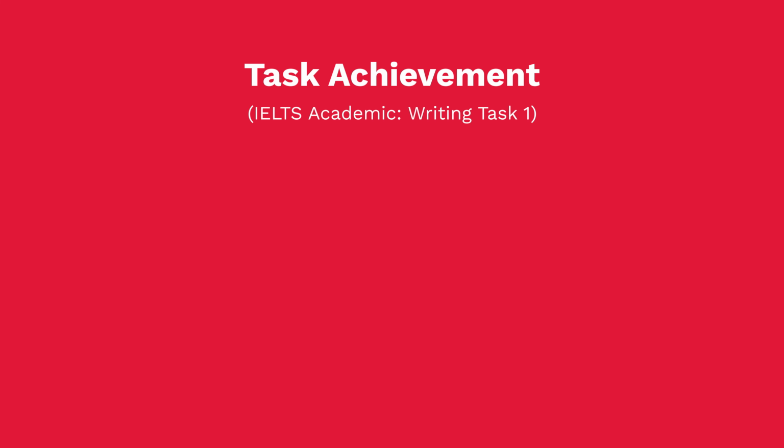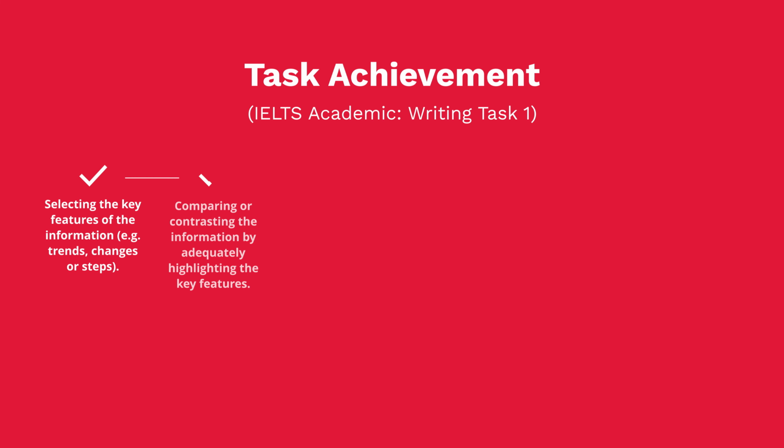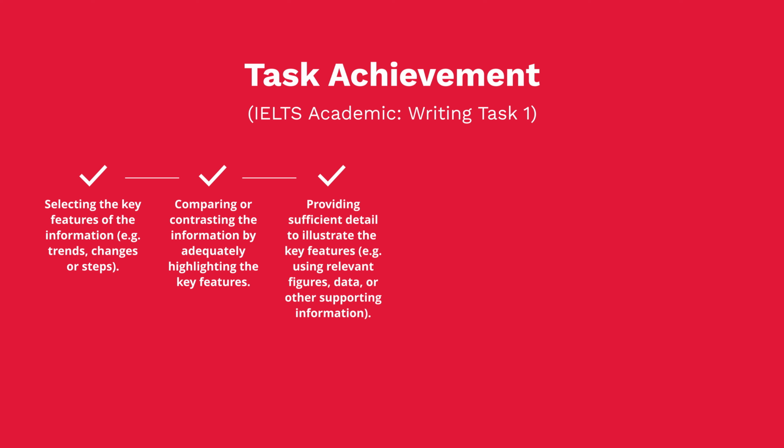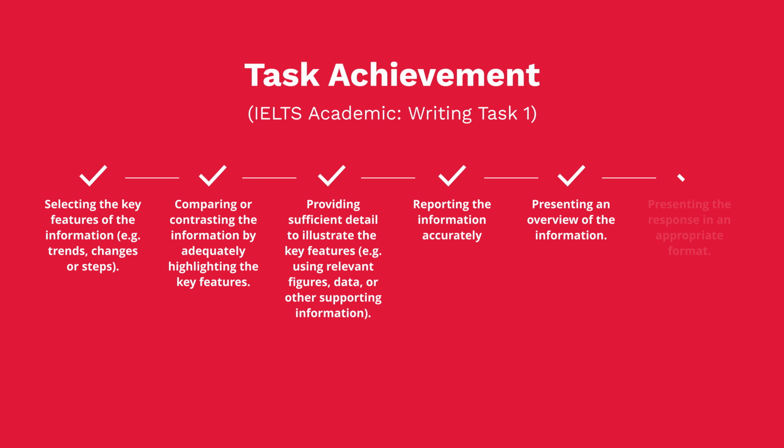Task achievement assesses the ability to summarise this information by selecting the key features of the information, for example, trends, changes, or steps, comparing or contrasting the information by adequately highlighting the key features, providing sufficient detail to illustrate the key features, for example, using relevant figures, data, or other supporting information, reporting the information accurately, presenting an overview of the information, and finally, presenting the response in an appropriate format.